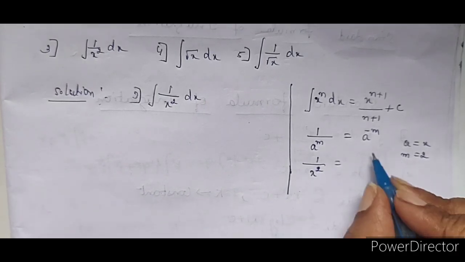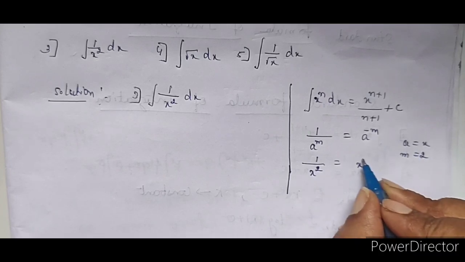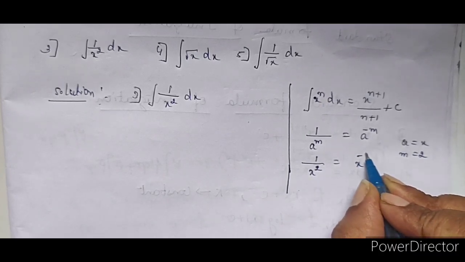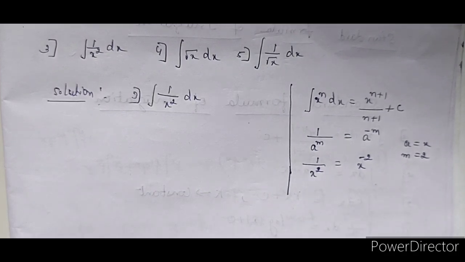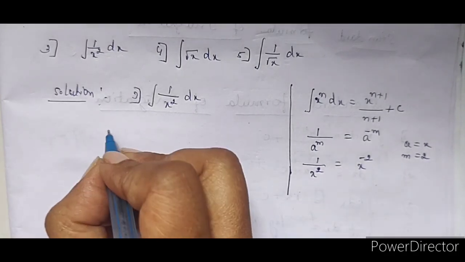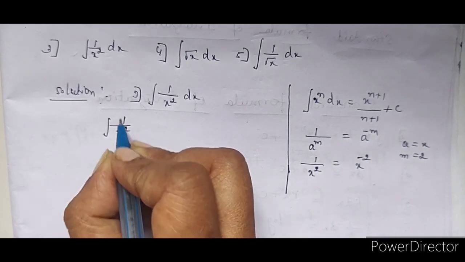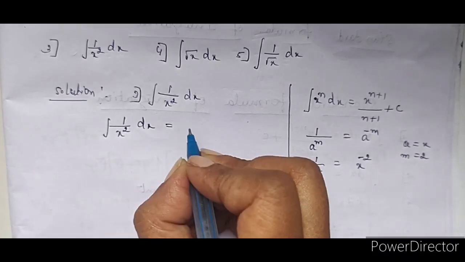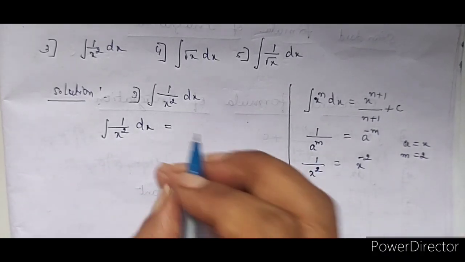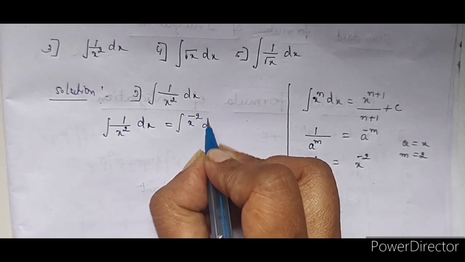So, x raised to the power of minus m is x to the power of minus 2. Therefore, the integration of 1 divided by x square dx is equal to the integration of x to the power of minus 2 dx.